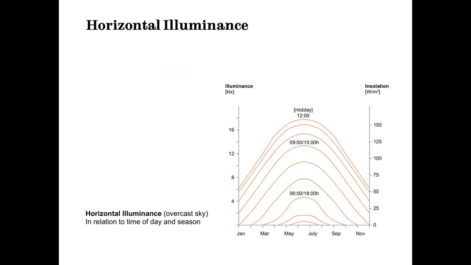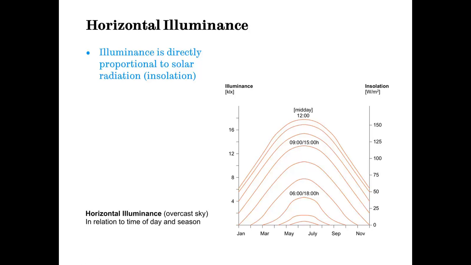And what we mean by an overcast sky is a sky which has a degree of cloud cover which is blocking out the direct sunshine. Now in the UK, that occurs about 80% of the time. So it's a very realistic situation for us to consider. Okay, let's have a look at this graph.